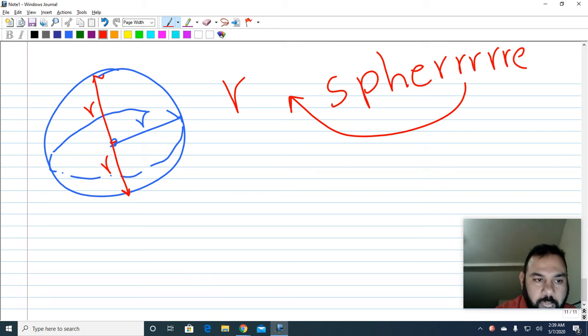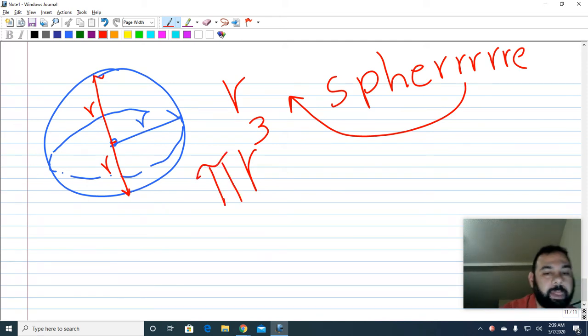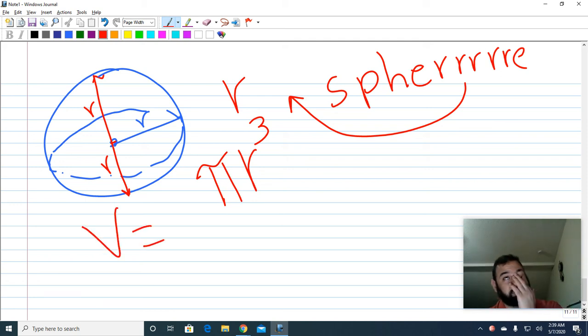Now it's a 3D shape, so this r I will need 3 of it, to the power 3. And it's a rounded shape, so of course I'm using a pi. So the volume equals pi r cubed, sorry, r cubed, not r squared.